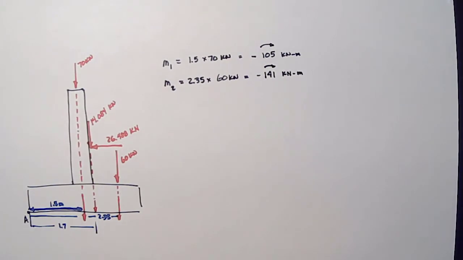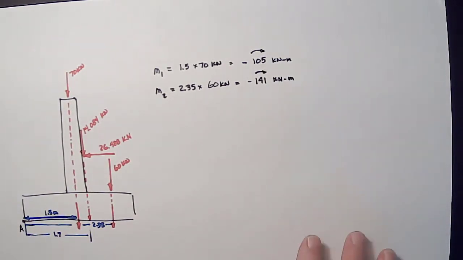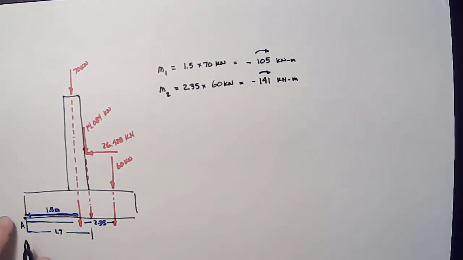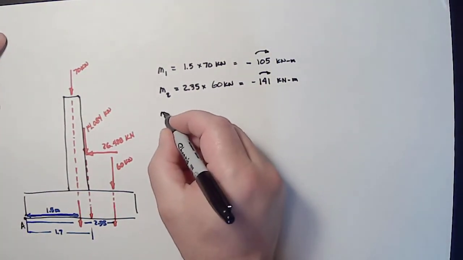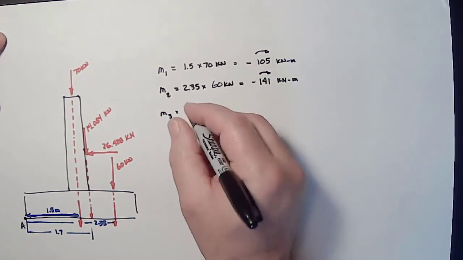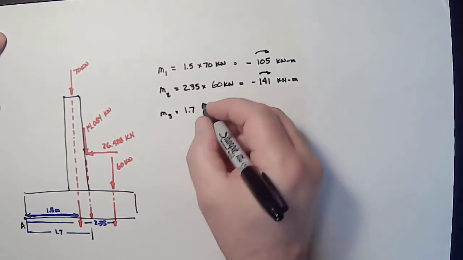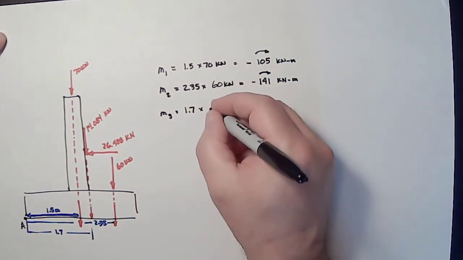So the third moment is the same as if I'd located that 14 kilonewton force exactly 1.7 meters to the right of point A. So my third moment is 1.7, that's the distance, times the force 14.084.